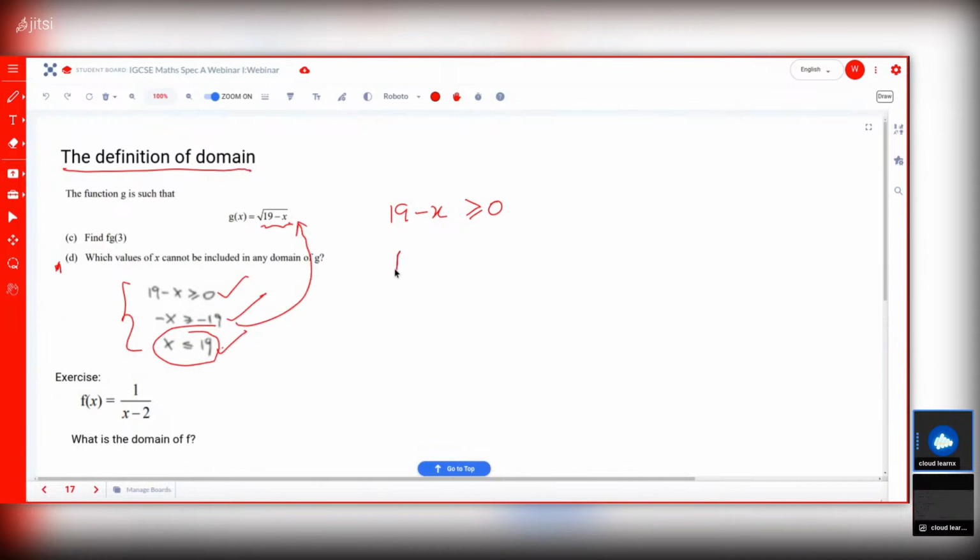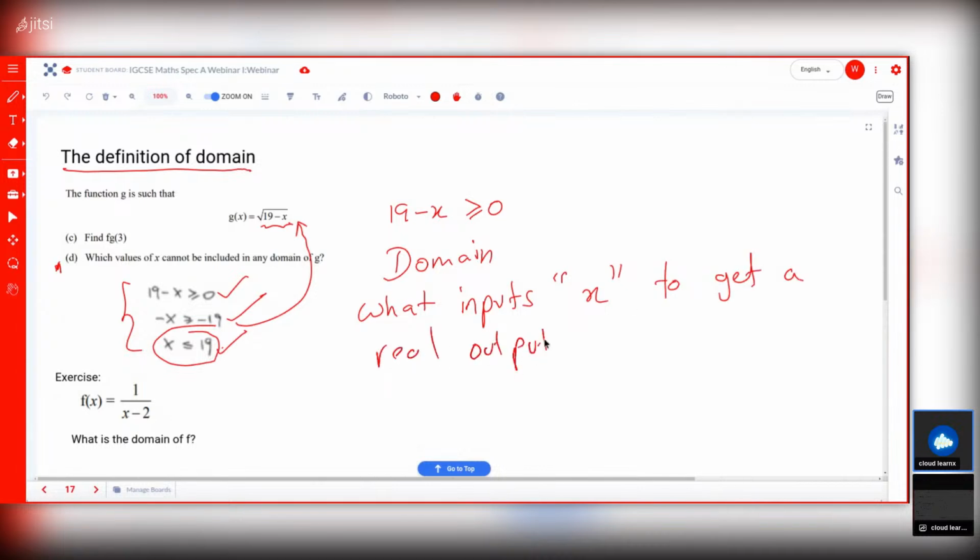So domain is all about what inputs, x doesn't always have to be x, but inputs, what can you input to a function to get a real output, right? If you put x equals 25, that's going to be a math error.